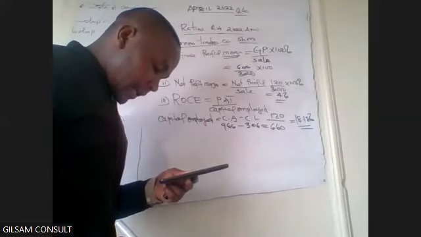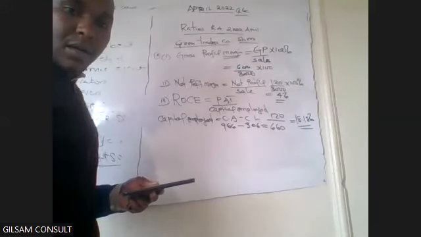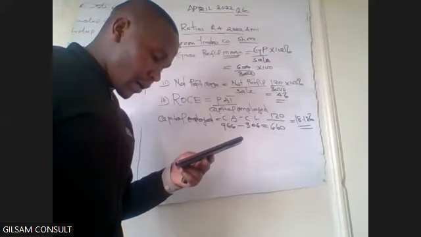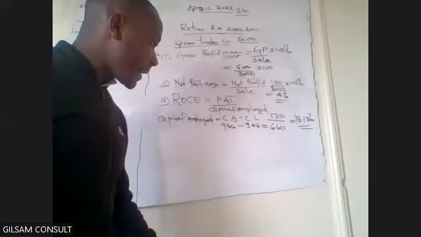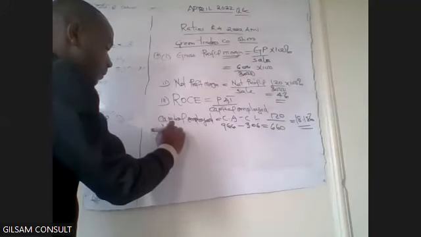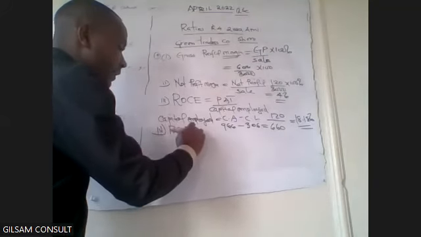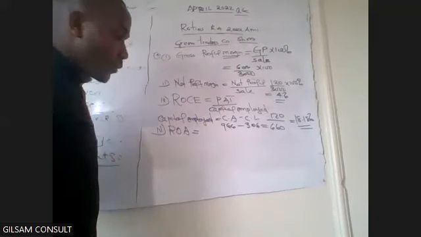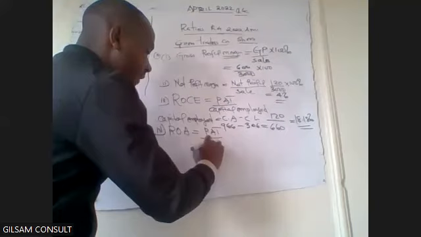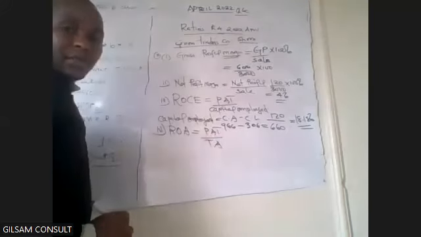We go to the next ratio, return on assets. How do you get the return on assets? It will be the profit after tax divided by total assets.